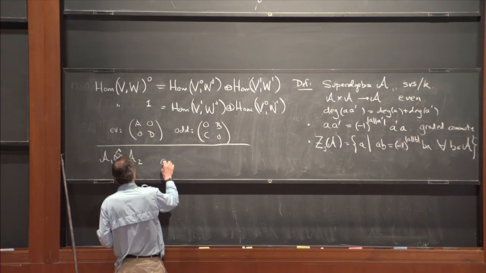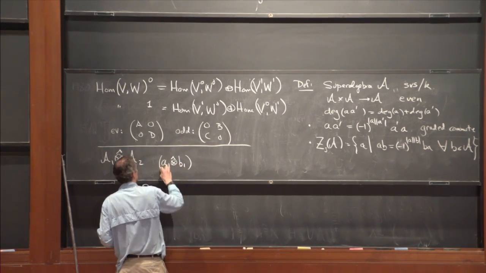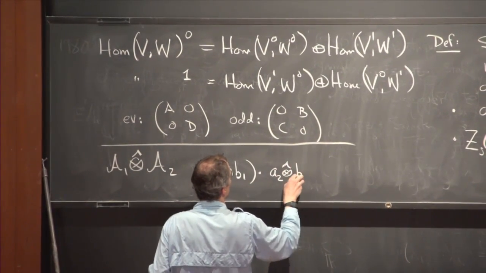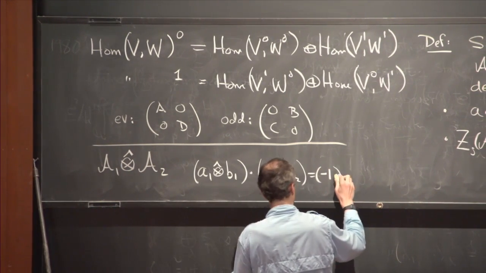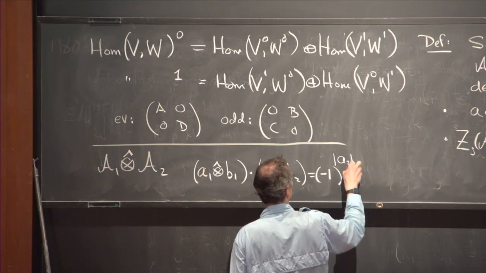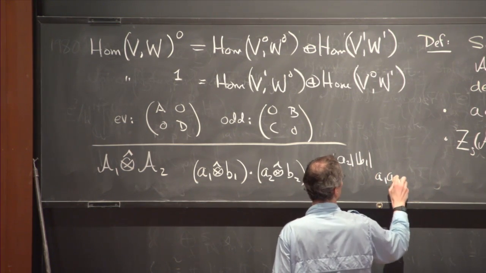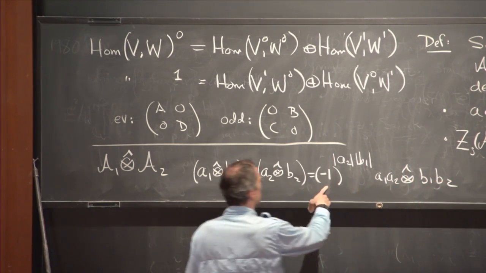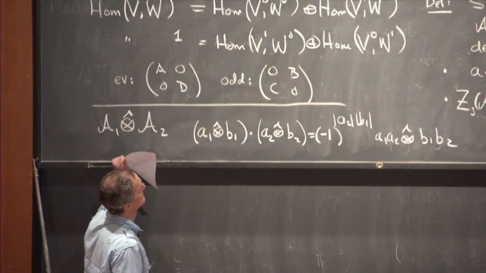And the important thing is the way I define the multiplication of the tensor product of homogeneous vectors: I use what's called the Koszul sign rule. So this is (A1 tensor hat A2)(B1 tensor hat B2). That sign rule there is called the Koszul sign rule, and it can have dramatic consequences.